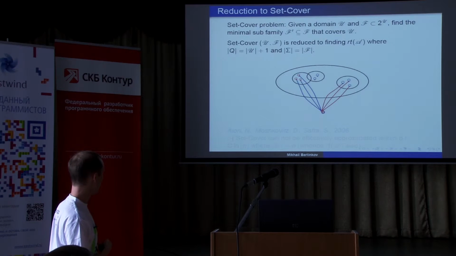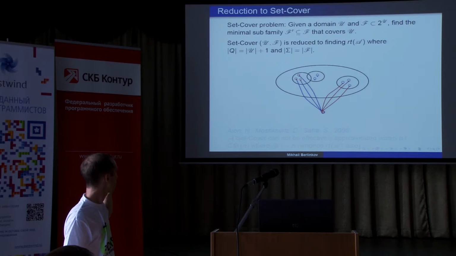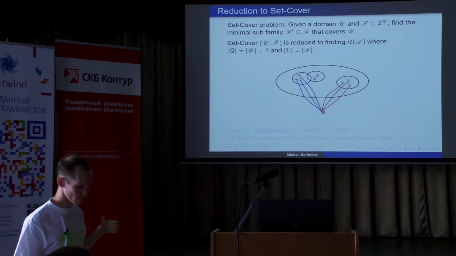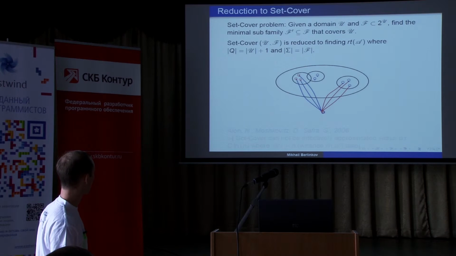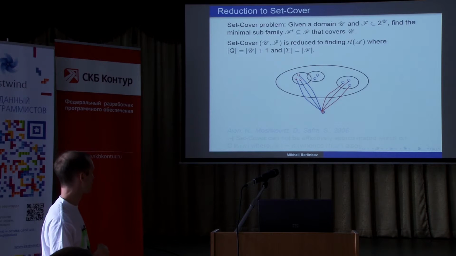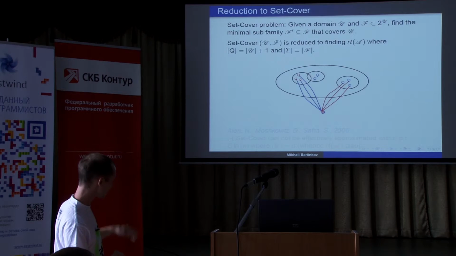This problem is reduced to finding a reset threshold, and it is quite a transparent reduction. The number of states in the automaton is equal to the size of the domain plus 1, and the alphabet size is exactly the size of the family of sets. This is just a picture of how it works.